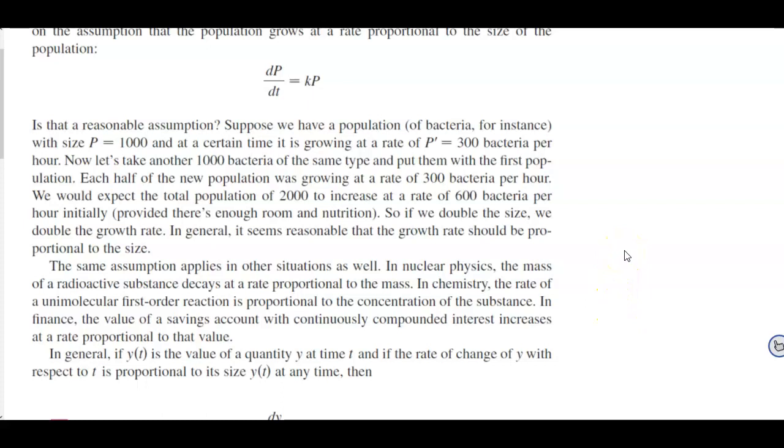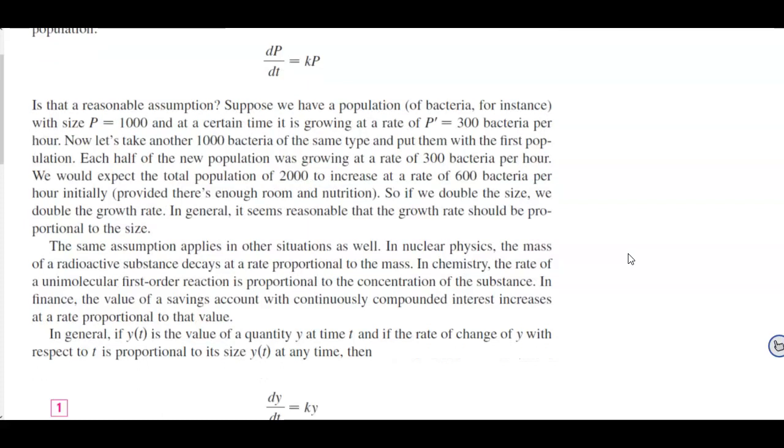Each half of the new population was growing at a rate of 300 bacteria per hour. We would expect the total population of 2,000 to increase at a rate of 600 bacteria per hour initially, provided there's enough room and nutrition. So if we double the size, we double the growth rate. So in general, it seems reasonable that the growth rate should be proportional to the size.